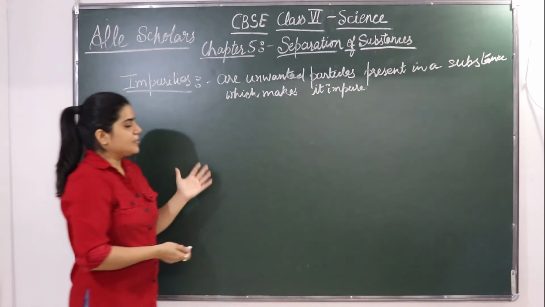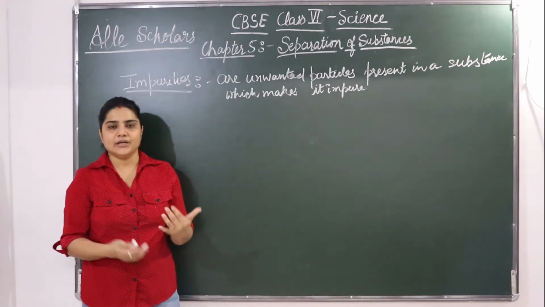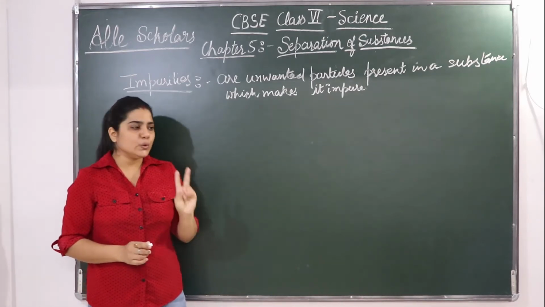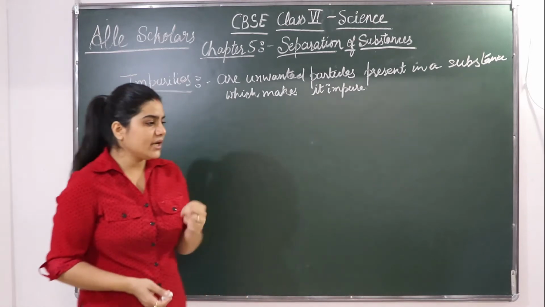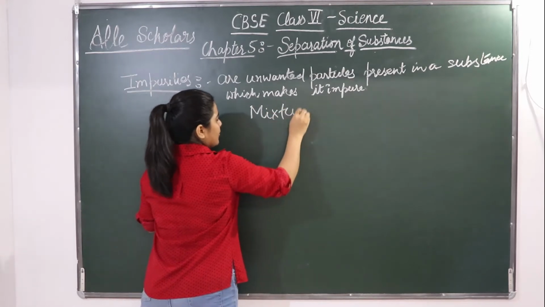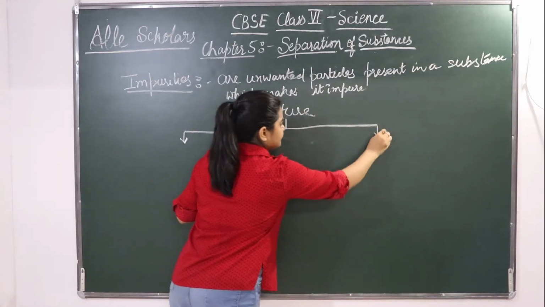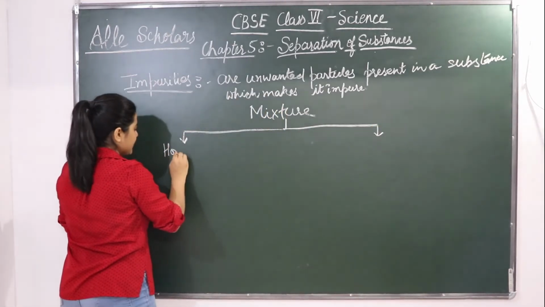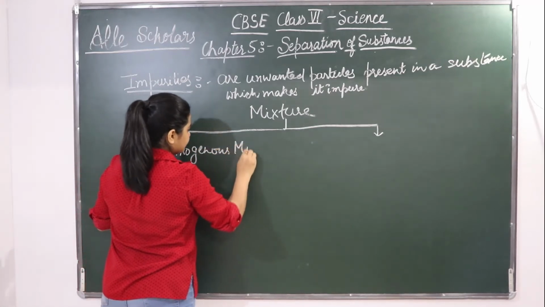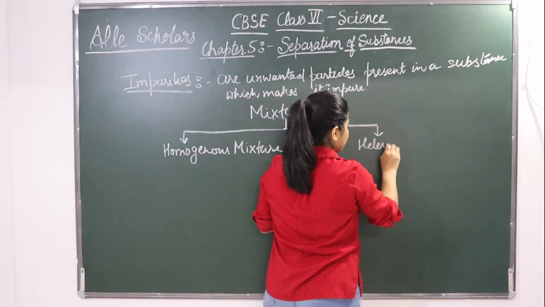Okay, so air is a mixture of many gases like nitrogen, oxygen, carbon dioxide, dust particles, etc. Now these mixtures are of two types: homogeneous mixture and heterogeneous mixture.